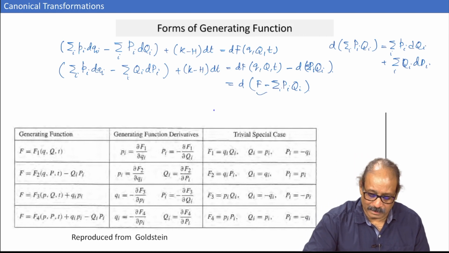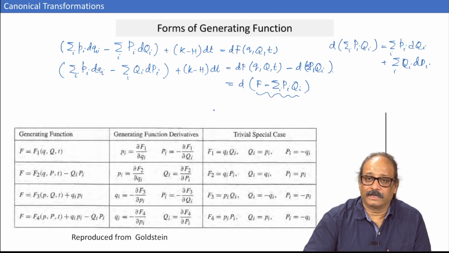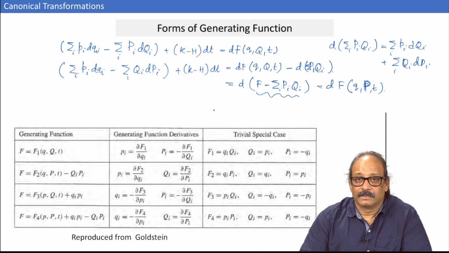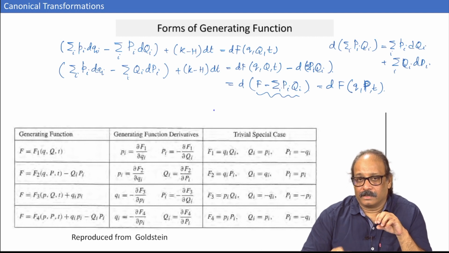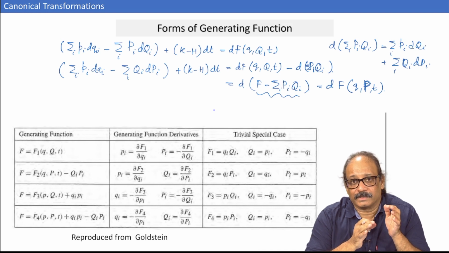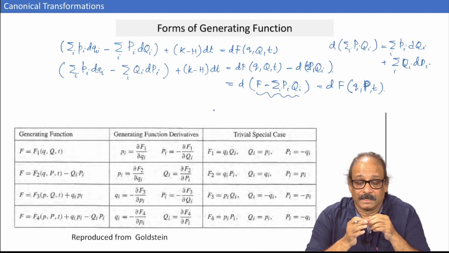And then of course, use the transformation equations to rewrite this. You can rewrite this as a function of now small q and capital P and possibly t. Okay. So, you see, now I can generate the canonical transformations in many different ways.